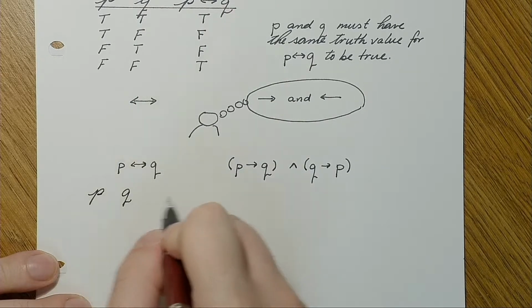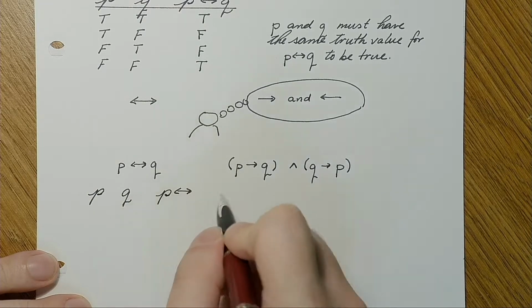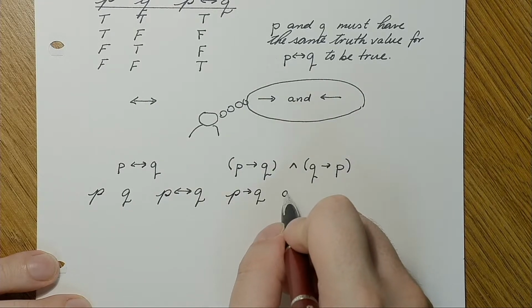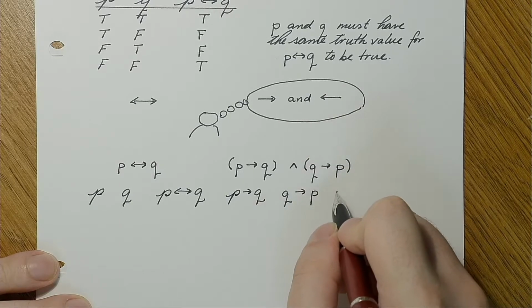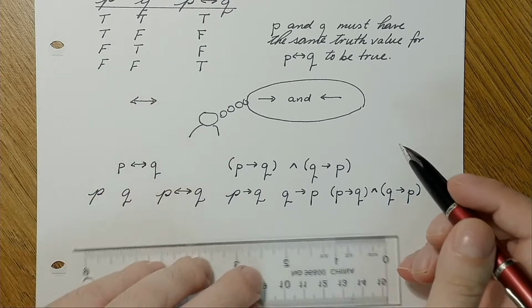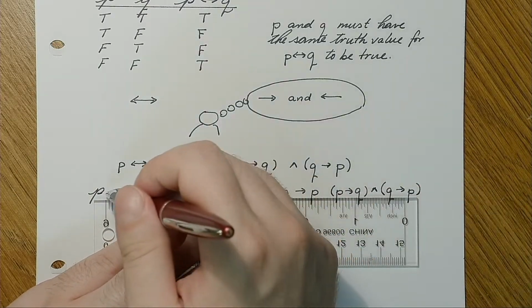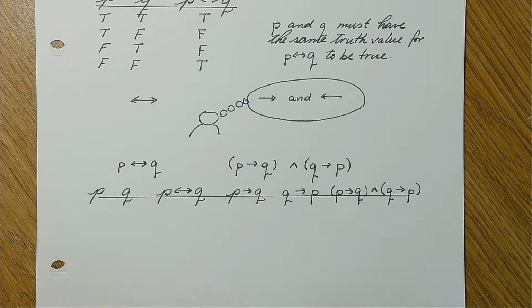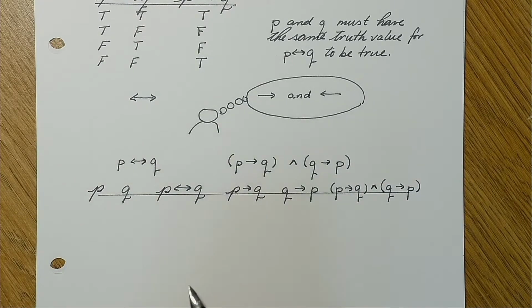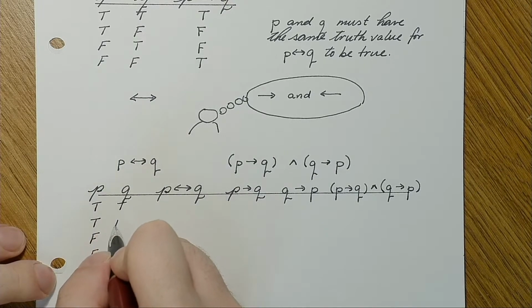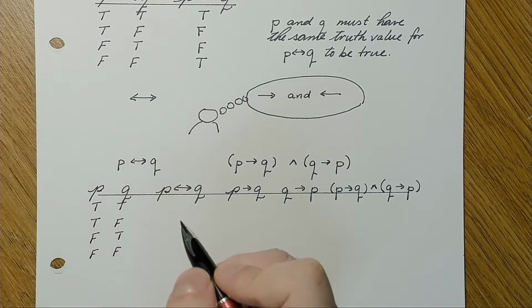So I have P, Q, P if and only if Q. Then I'll have P implies Q, Q implies P, and then putting it together, P implies Q and Q implies P. So again, we can just write out our usual enumeration of all the possibilities for assigning true and false to the prime propositions.